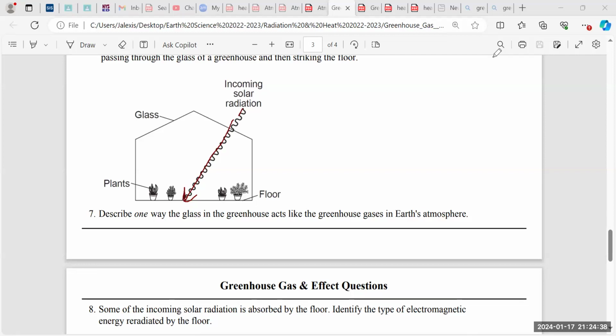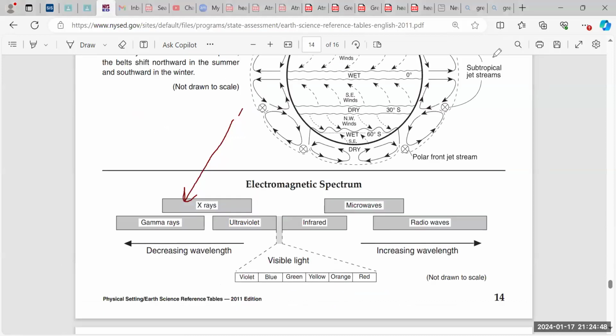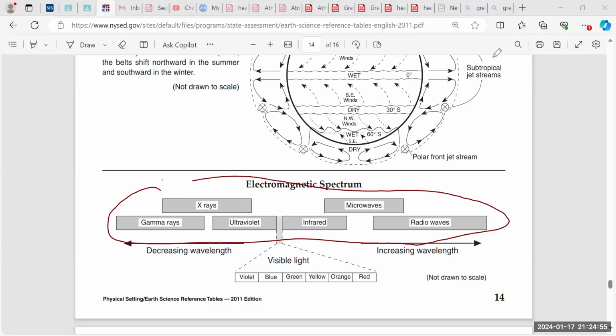What page in the reference table talks about electromagnetic energy that's being re-radiated by the floor? The electromagnetic energies are all listed right here. These are the 7, and we know one of these 7 is an energy that is re-radiated back by the floor.